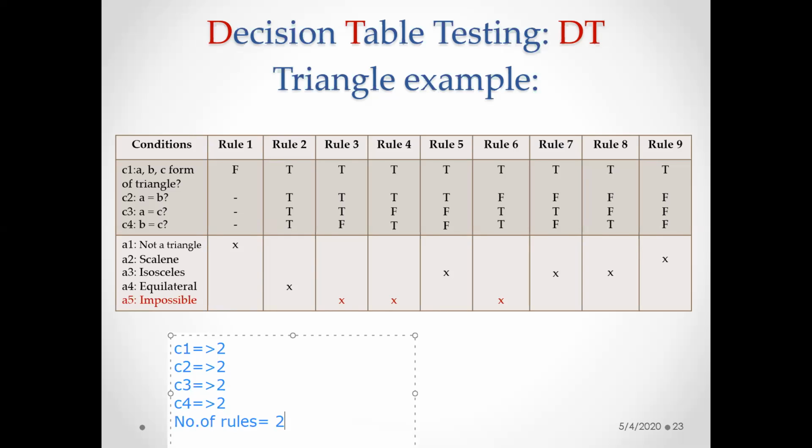For condition 1, 2 entries, multiplied by condition 2, multiplied by condition 3, multiplied by the number of entries for condition 4. What will be the answer? 2 to the power of 4 is 16. So you need to have 16 rules.